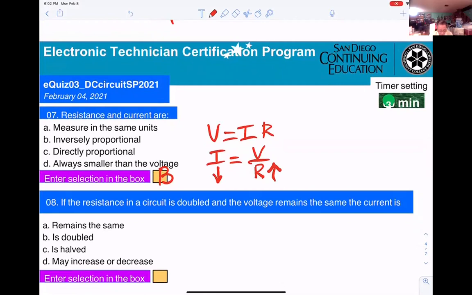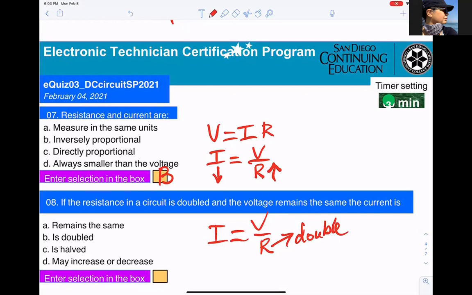If resistance in a circuit is doubled and voltage remains the same, you understand that I equals V divided by R. If this goes double, then voltage remains the same and the current is half. Let's say the current is double.